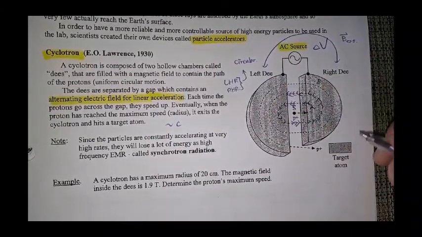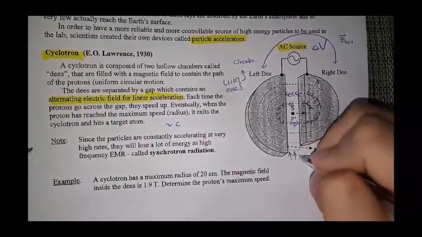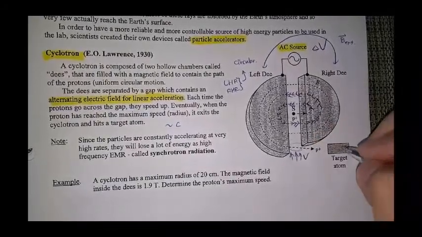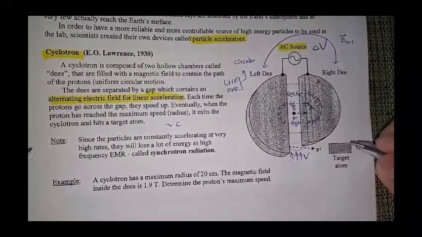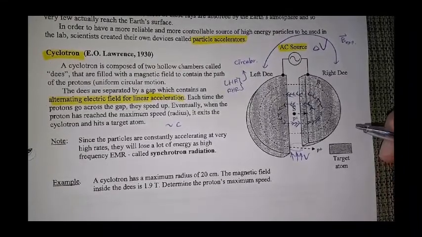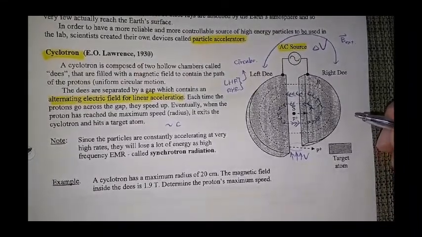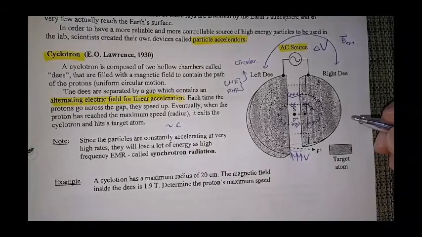Then when it hits the target atom at that high speed, we can possibly have a fusion reaction going on. So have that in your mind. And at that time, like I said, a lot of heat energy comes out, so that's another thing we should be careful about.